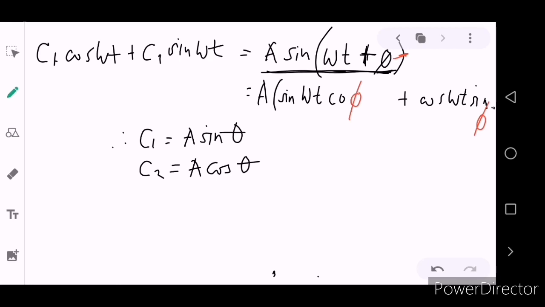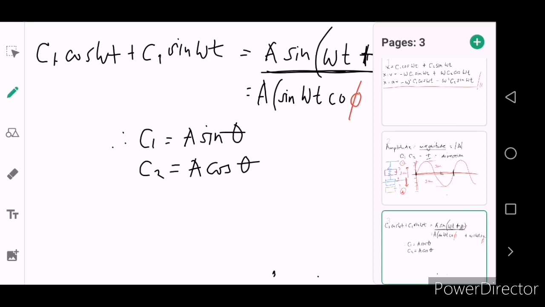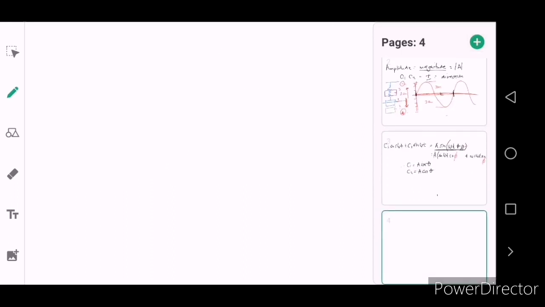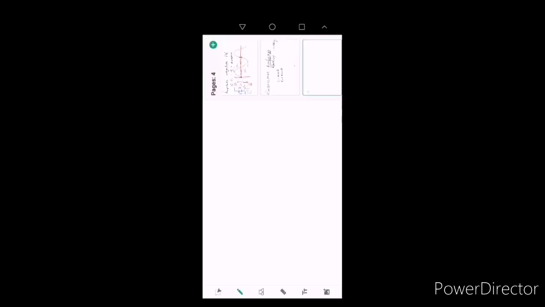Okay. So, moving on. As I have said earlier, we have an absolute value of amplitude. Ibig sabihin, ayun, sabi ko kanina, ang amplitude ay makukuha natin sa values ng C1 and C2 sa pamamagitan ng resultant formula.